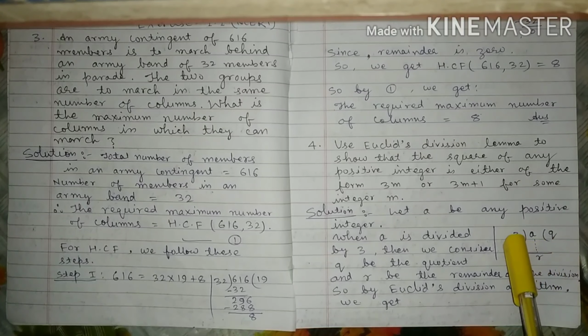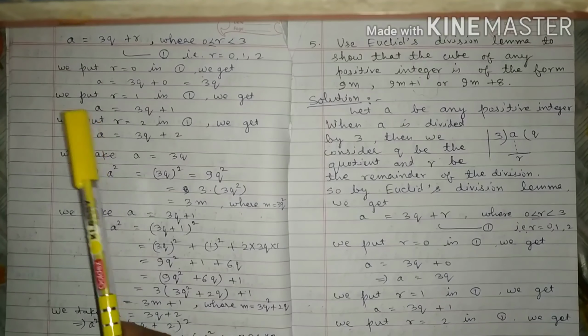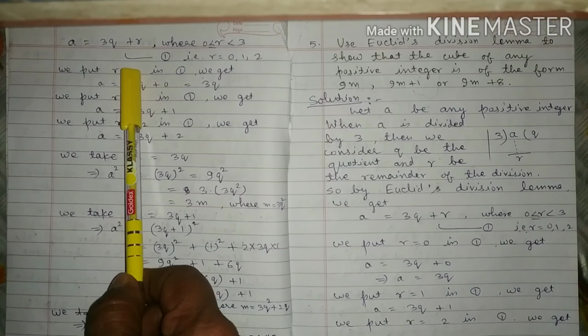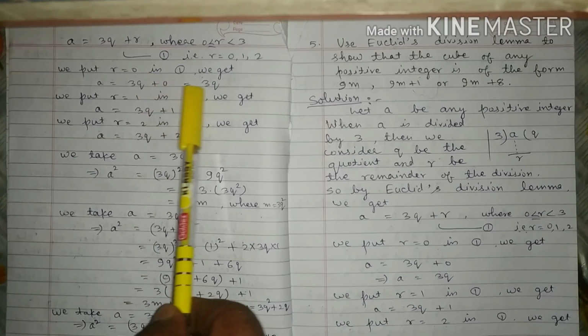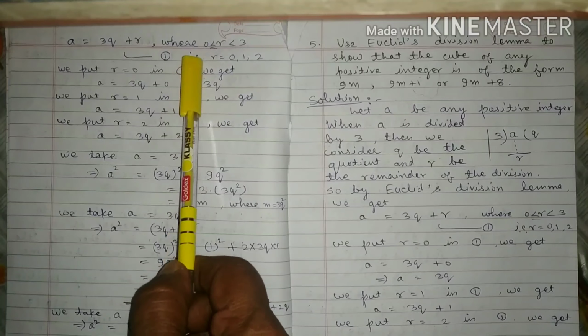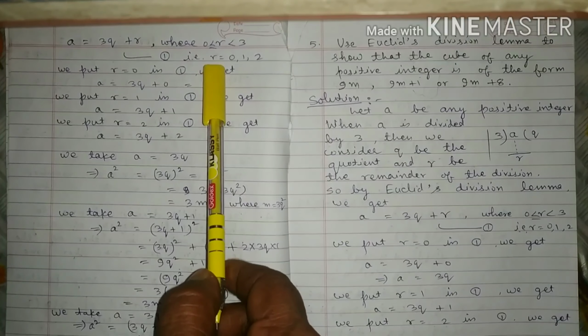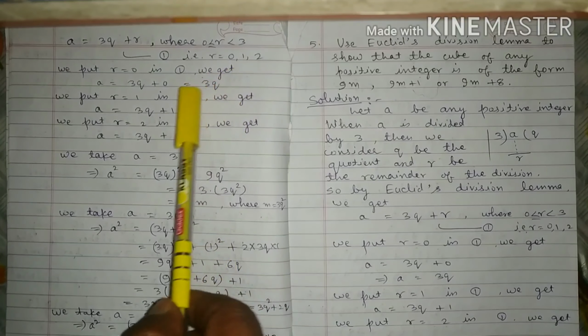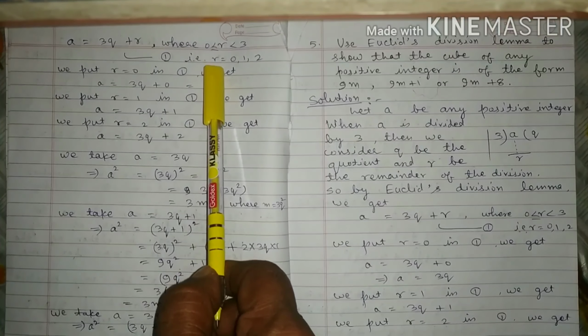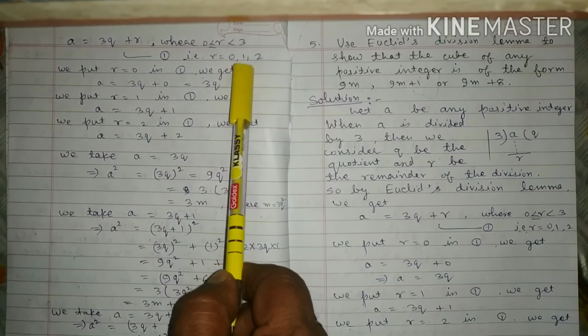By Euclid division lemma, we get a equals 3q plus r, where r is greater than or equal to 0 and less than 3. Remainder is always less than divisor.